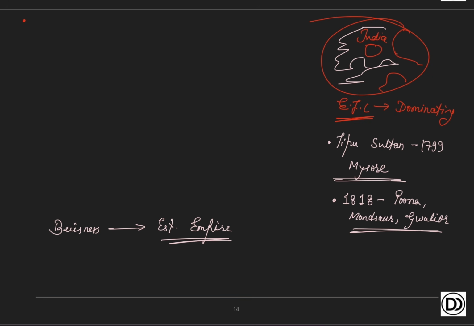So till 1813 East India Company fought, and after 1813 British government took charge and they fought to take over more and more territory. Now around this time British adopted the policy of British Paramountcy.